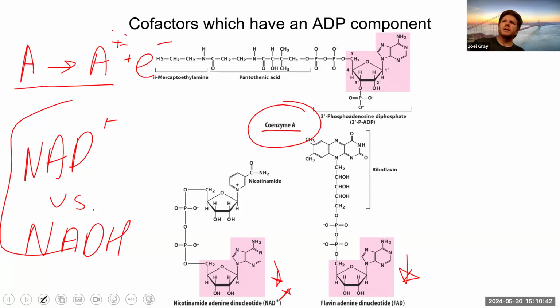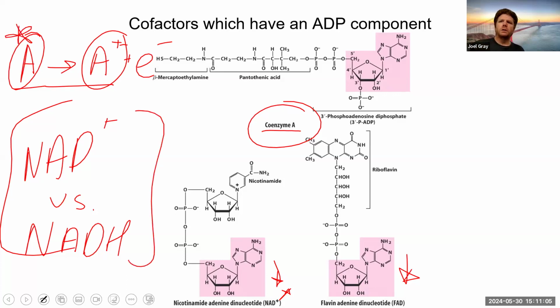So A plus is my oxidized form. You could also say that A is the reduced form of my molecule. Does that make sense? So NAD plus, is that my oxidized or my reduced form? That's my oxidized form. NADH is my reduced form.